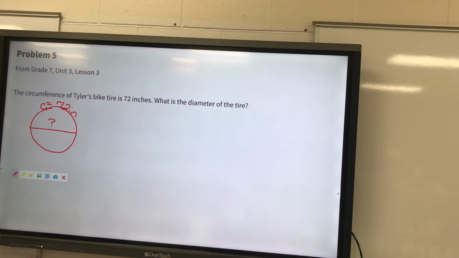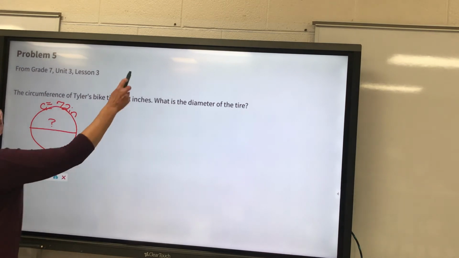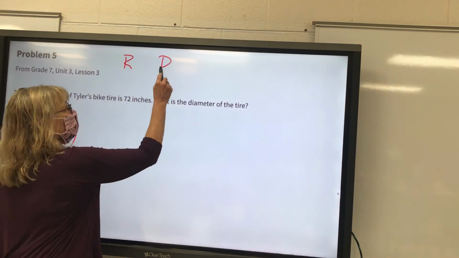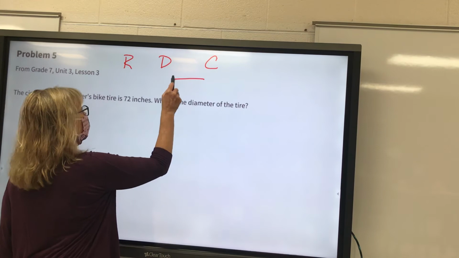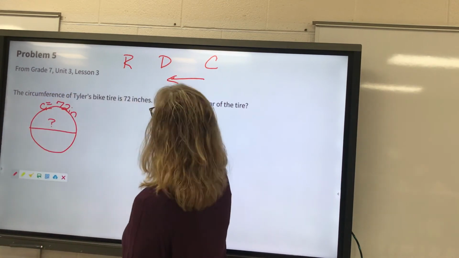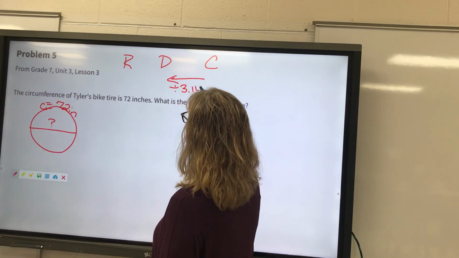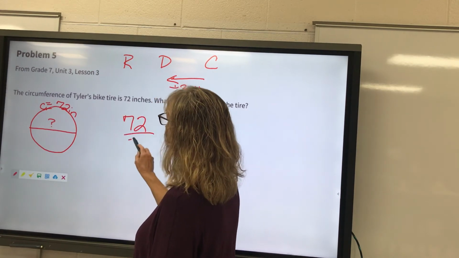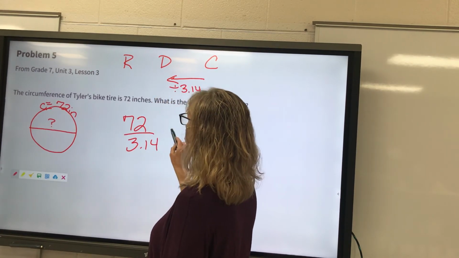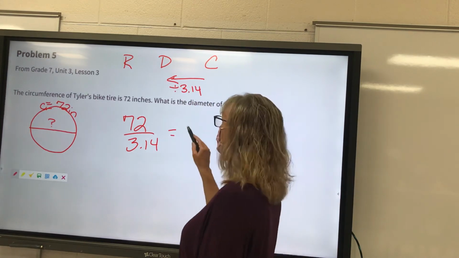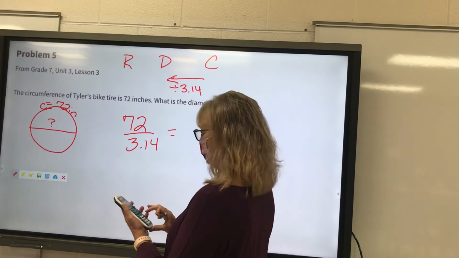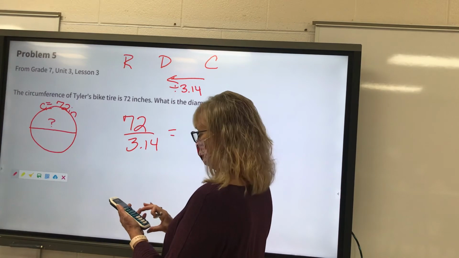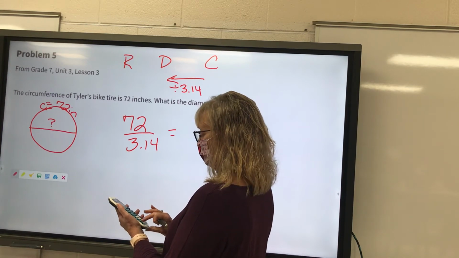To get diameter from circumference, it's divided by 3.14. So if we go back to this, since we're going this way, we are going to divide by 3.14. So we're going to take 72 divided by 3.14, and what do you get? Well, I rounded it, so I get 23. Okay, let's see what we get.